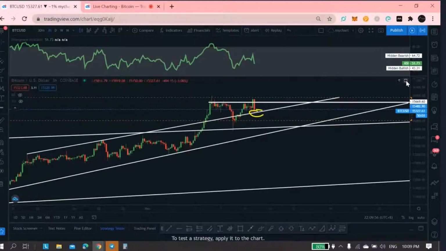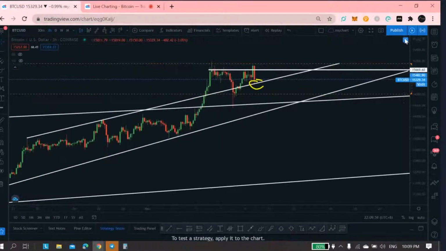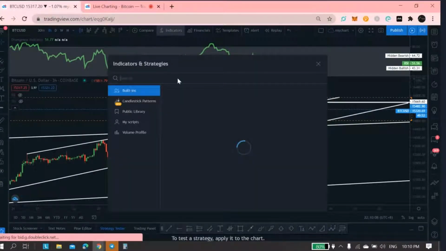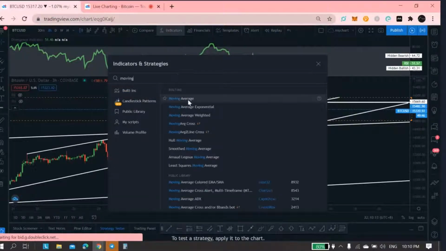What else? Oh, I only have two indicators. Actually, I can still add more indicators. I think the usual moving average. So let's use this one, exponential moving average.